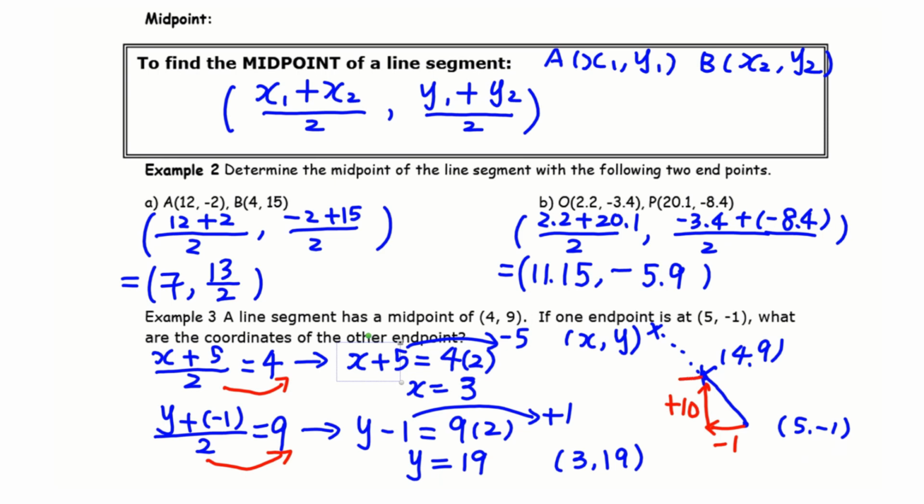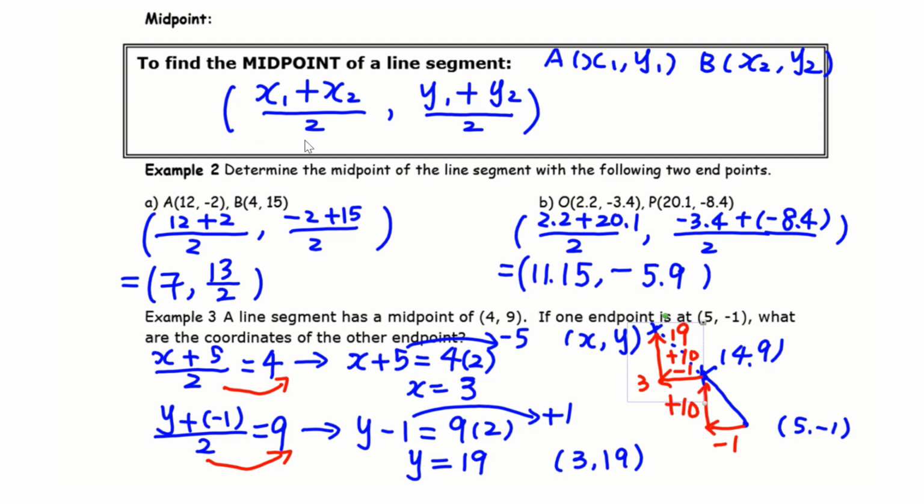So you continue to do it: left 1 gives you 3, and from 9 you go up 10, you will have 19. Then this point is 3, 19. So if you use rise over run backward, you can also find the endpoint. So this is the second part of this video.